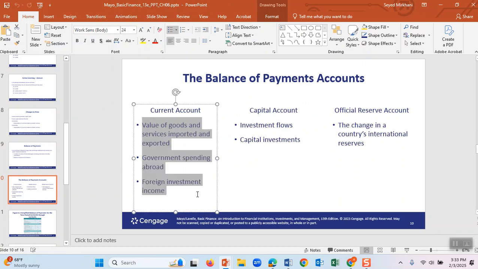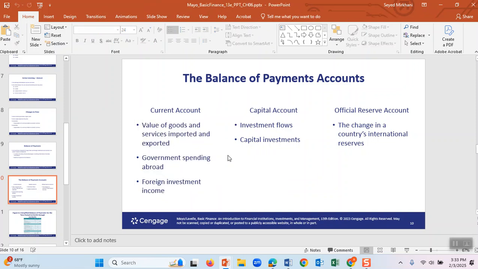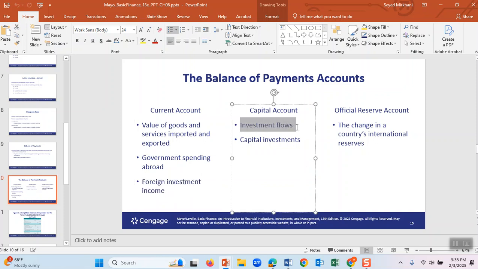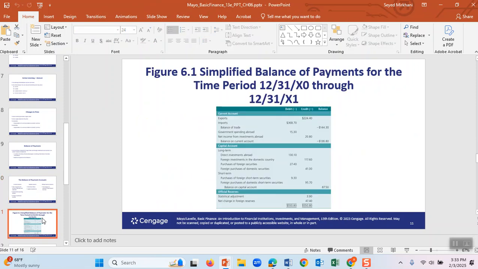And there are also government spending and foreign investments, and capital accounts. On the capital accounts, we have investment flows and capital investments. And here again, it is a balance of payments for the time period.